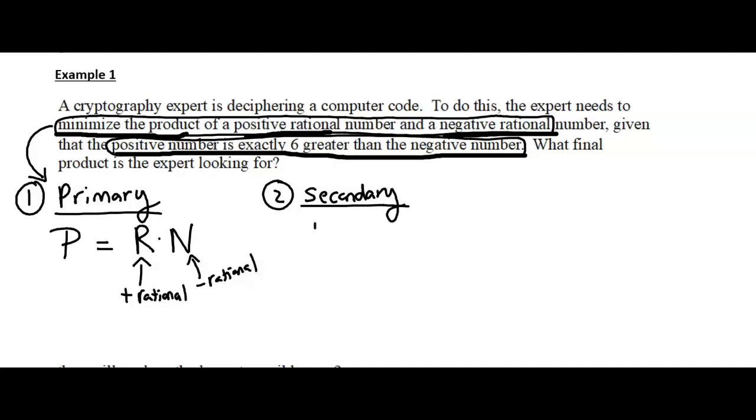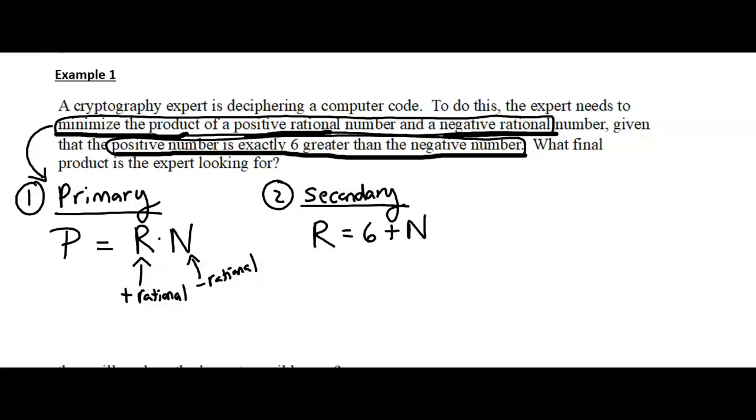So the positive rational number, R, is 6 greater than the negative number. So R equals 6 plus N. My primary equation, the one I'm trying to minimize, is P equals R times N. My secondary equation, the one that restricts our possibilities, is that the rational number has to be 6 more than the negative number.